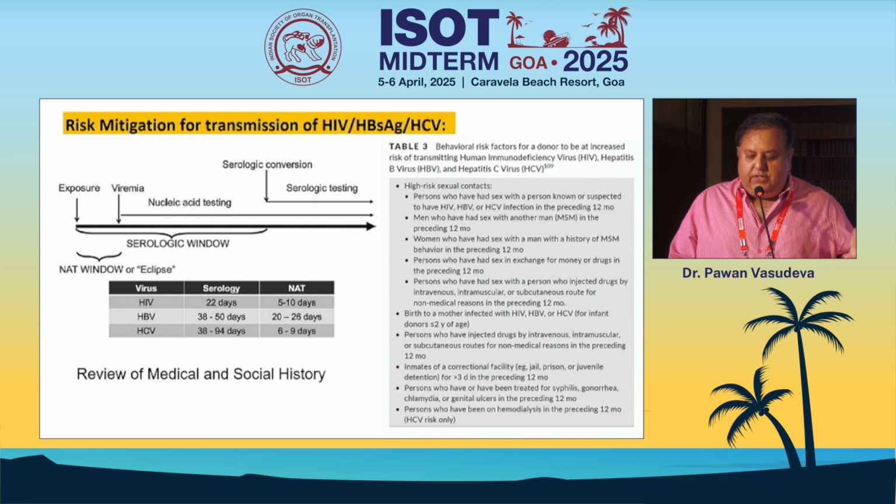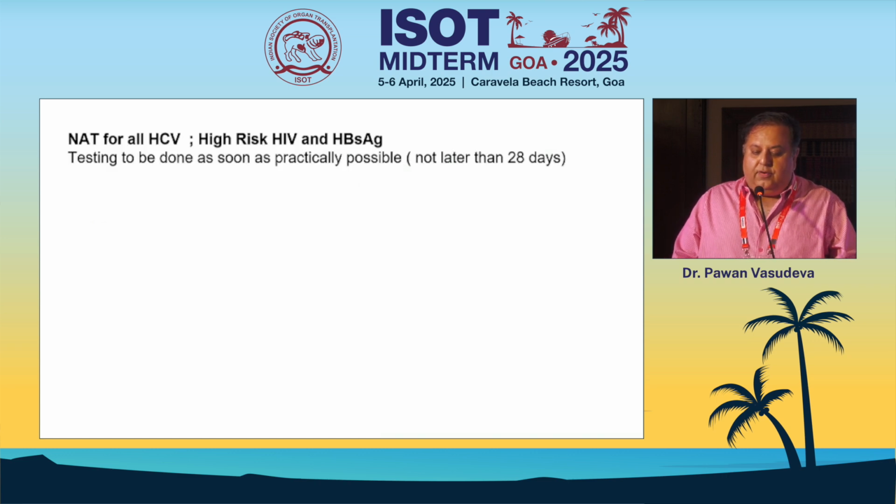The reason is, the difference is 1 to 3 months versus 6 to 9 days, whereas in the other two, it's a little less. So for HCV, it should be NAT for everybody, and for high-risk patients, HIV and HBsAg should also be NAT. Testing should be done as soon as is practically possible, not later than 28 days.